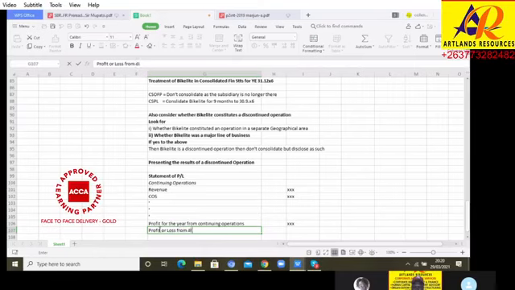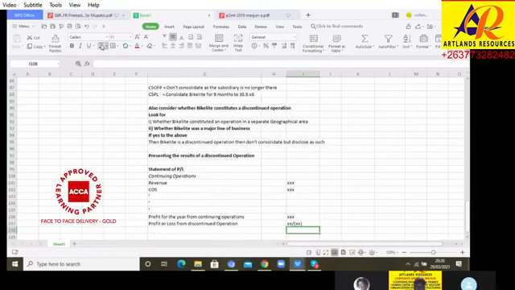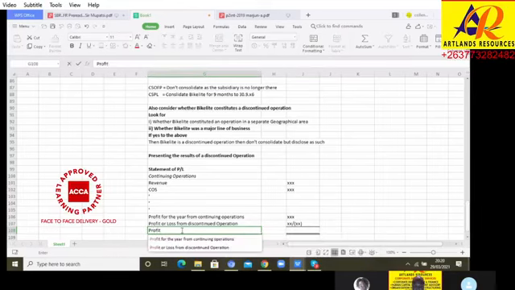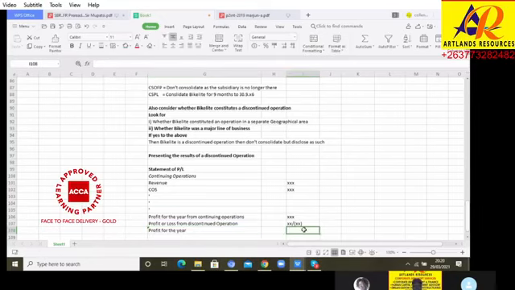That's now bike light. It's either profit or it's a loss. Profit or loss from discontinued operation, and then you get profit for the year. You get it? So this is how a discontinued operation is presented. You don't consolidate. You present it like this.